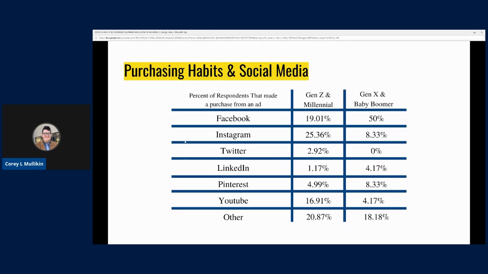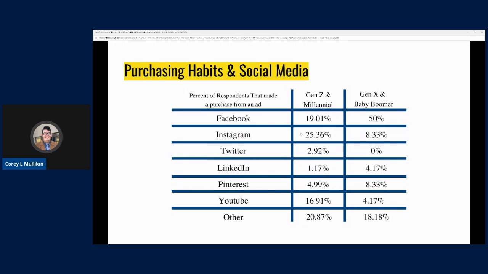So we can see that Gen Z and Millennials don't really buy much off Facebook, but a lot of Gen X and Baby Boomers do, almost 50-50. If we break down Facebook's user base, a lot of them are older. As for Instagram, we see the same. Gen Z and Millennials are more keen to buy.